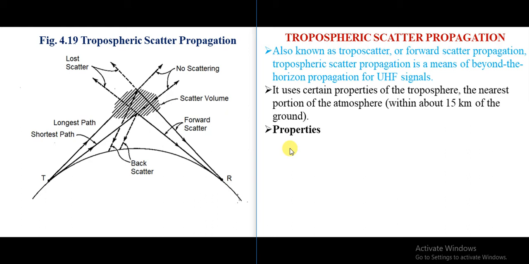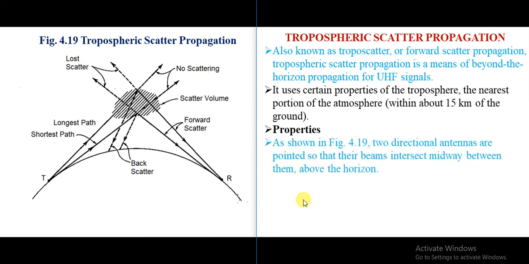Now let us see what the properties are. As shown in this figure, there are two directional antennas pointed in such a way that their beams intersect midway between them, above the horizon region. We know what directional antennas are, they will point towards each other.